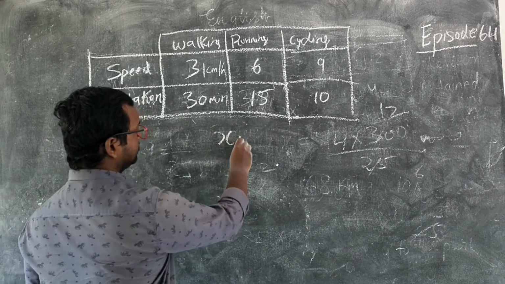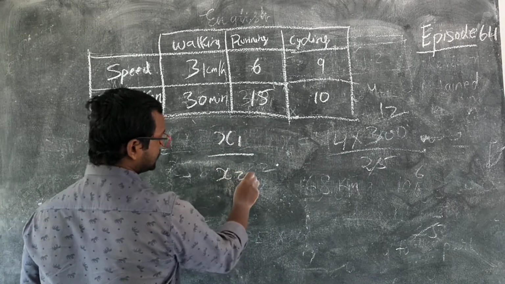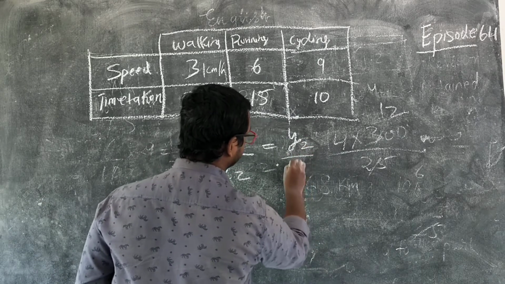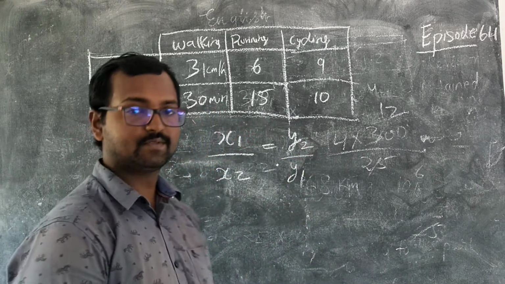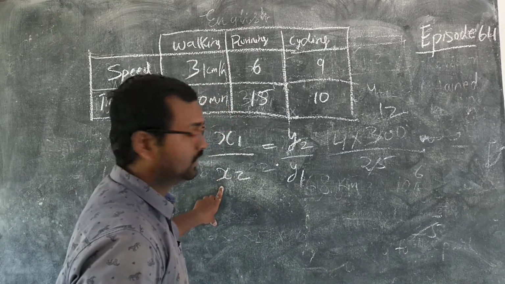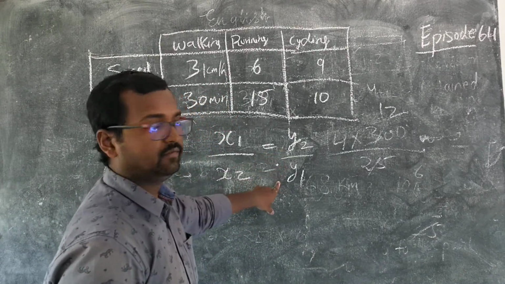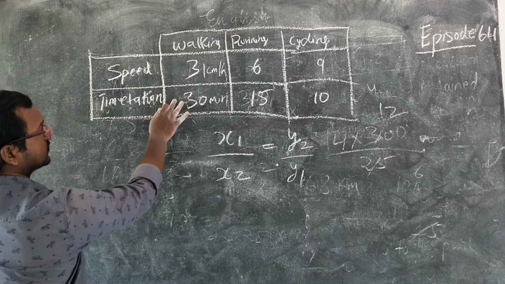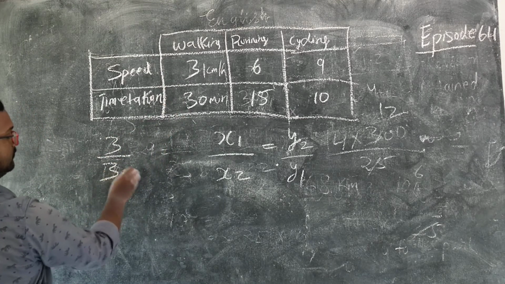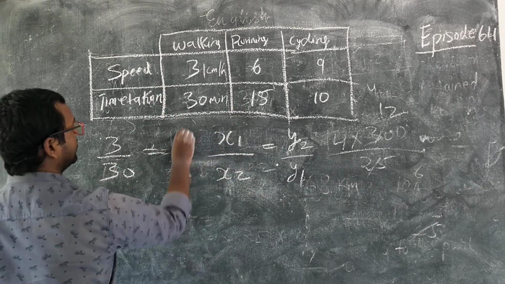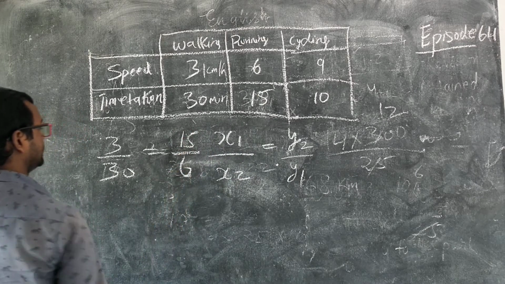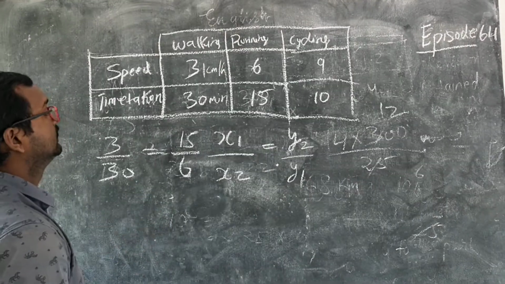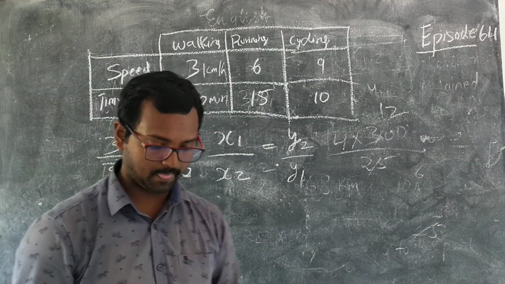Here the formula is x1 divided by x2 is equal to y2 divided by y1. So in this case it will be like this: x1, this is x2. So 3 by 30 is equal to y2, which is 15, by 6. Although this is not equal here in this case, this is how it is actually applied.